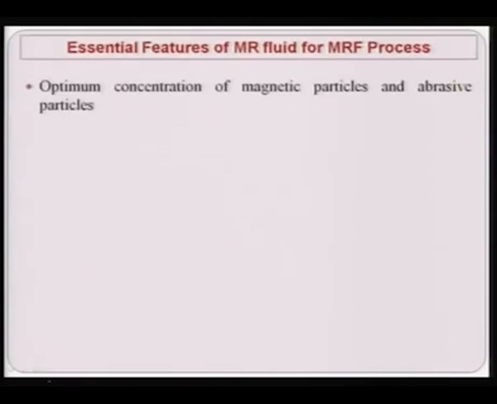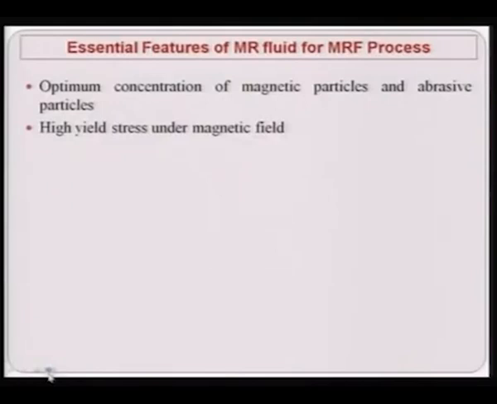Essential features of MR fluid for the magnetorheological finishing process: optimum concentration of magnetic particles and abrasive particles is very important. If the percentage of these two constituents is very high, then definitely the efficiency of the finishing process is going to go down.